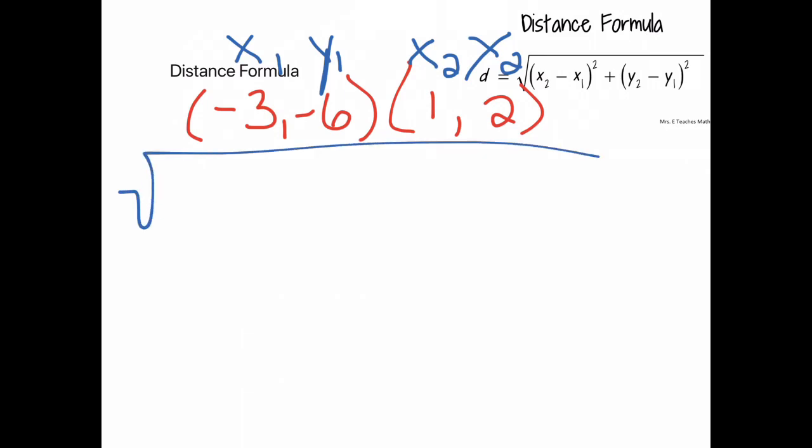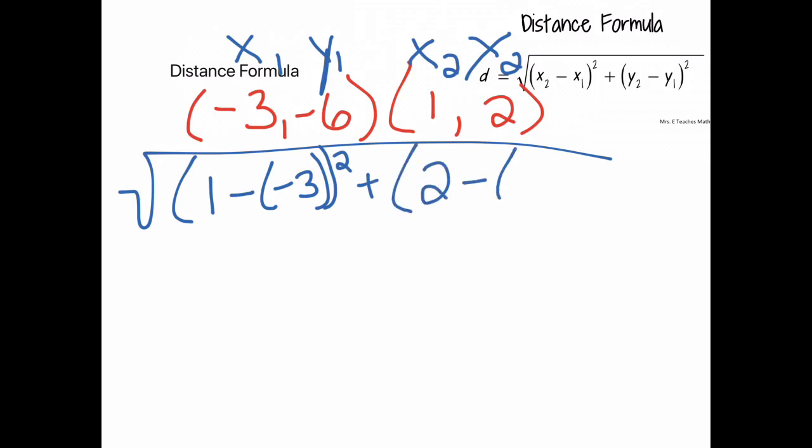So we'll have the square root of the second x coordinate is 1 minus the first x coordinate, which is -3, and we will square that. And then we'll take the second y coordinate 2, take away the first y coordinate, which was -6, and we'll square that.